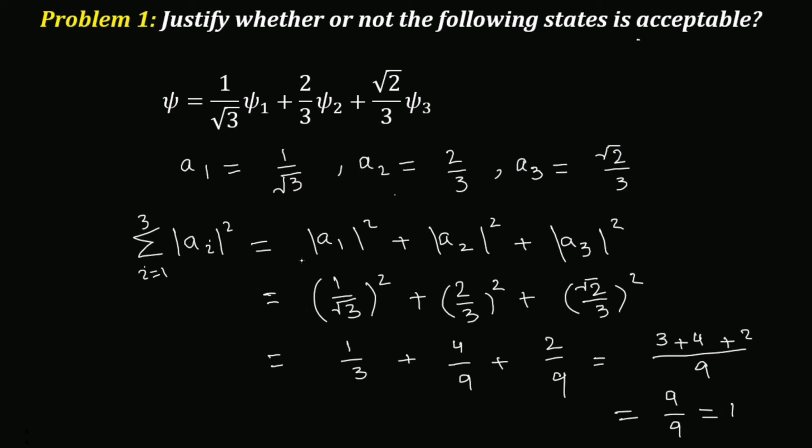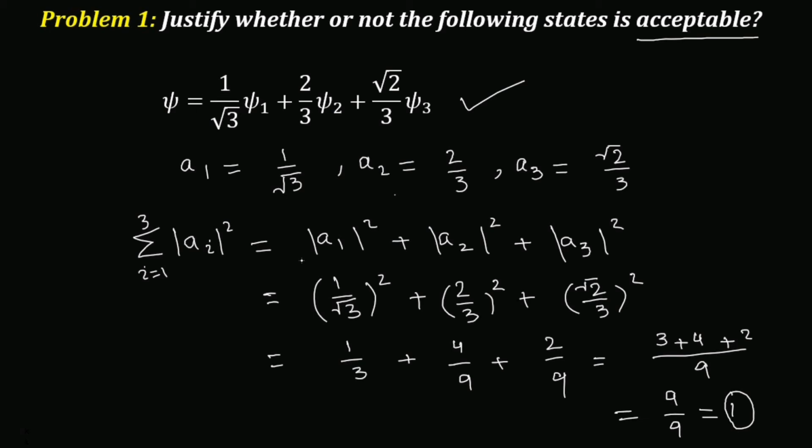Here you can see the question was whether or not the following state is acceptable. Yes, this state is acceptable because it represents a wave function. Why does it represent a wave function? Because it satisfies the condition of superposition. It is equal to 1.